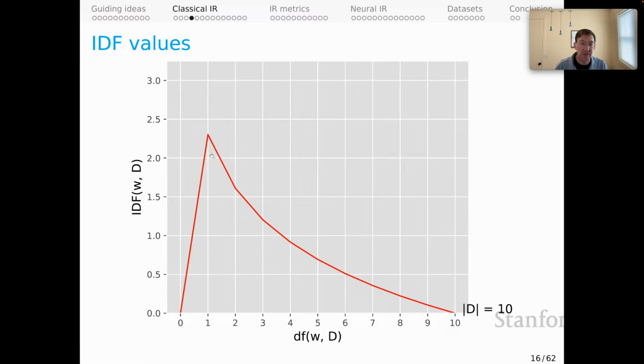And the IDF values drop off steadily as the word appears in more and more documents, all the way up to appearing in every document given the little corpus of 10 documents that we're imagining, and that too is an IDF value of 0, as we saw on the previous slide. And the idea here is that by the time you have a word that appears in every document, it's simply not informative about which documents are relevant, and so its IDF value should be minimized.